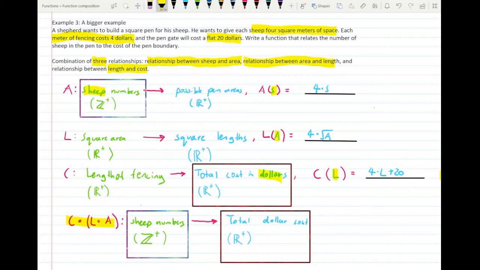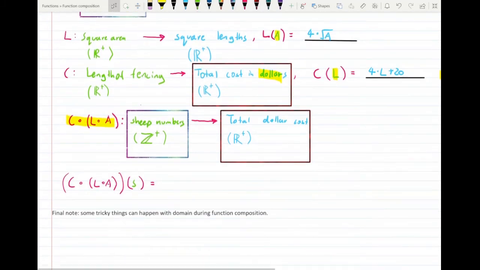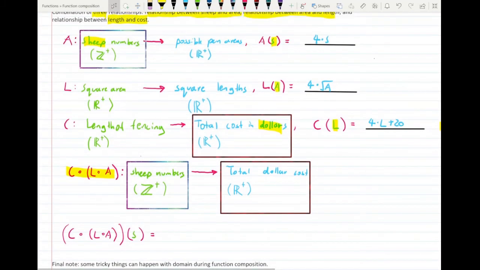So I've written that here. We also know, because we want the composite function to do the same thing as the combined action, that C composite L composite A of s should be equal to C of L of A of s. So a lot of parentheses here.